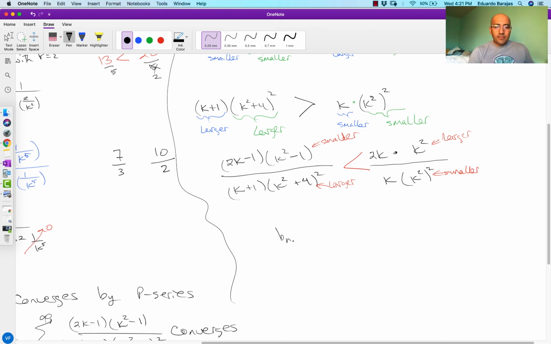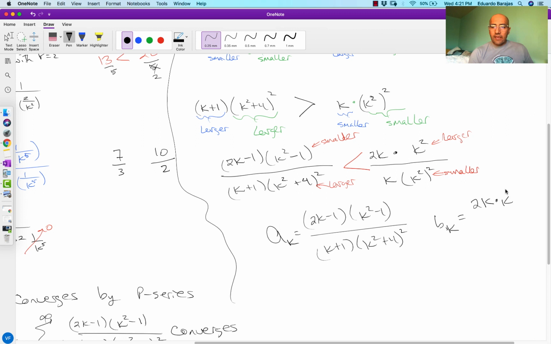Okay, so hopefully all of that convinces you that the following is true. We have some a sub k value equal to 2k minus 1 times k squared minus 1 over k plus 1 times k squared plus 4 to the second power, and we have some newfound b sub k value, which is equal to 2k times k squared all over k times k squared quantity squared.